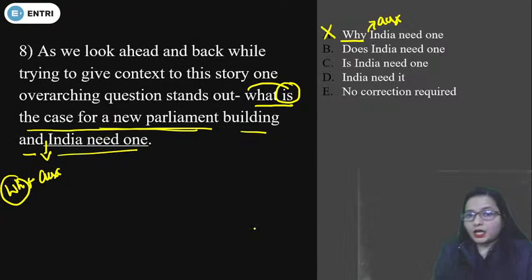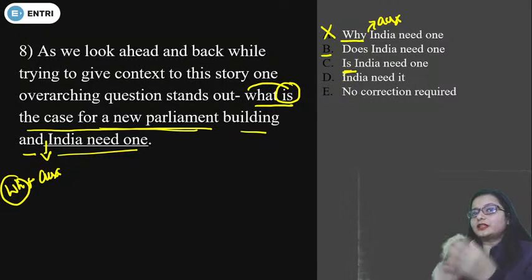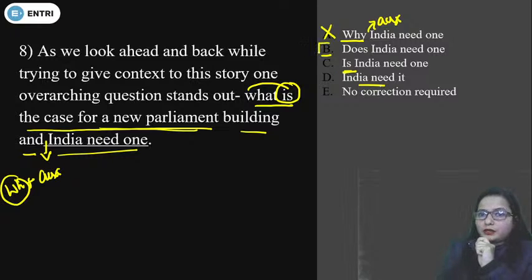Clear? Now, if we talk about option B, does India need one? This seems fine. C says, is India need one? If we write is, it doesn't make sense or it is not going with the grammatical structure. We cannot use is either, because when we use is, we need the present participle or ing form with it. India needed is also not correct for this replacement.